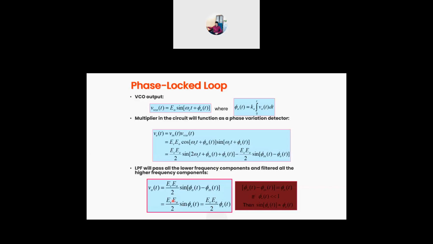So EC E naught over 2 times sine of the phase error can be assumed directly as EC E naught over 2 times just the phase error T. This one is actually phi error.